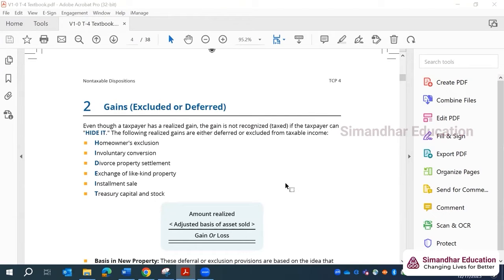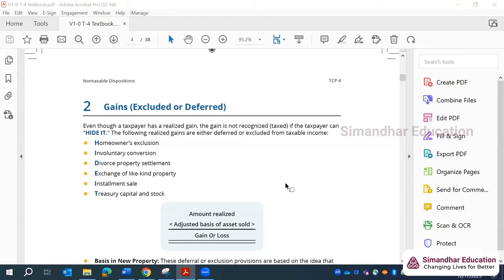Now, depending upon the filing status that we have, there are different tax slabs. So a single person will have a different tax slab, married filing jointly will have a different tax slab, head of household will have a different tax slab.